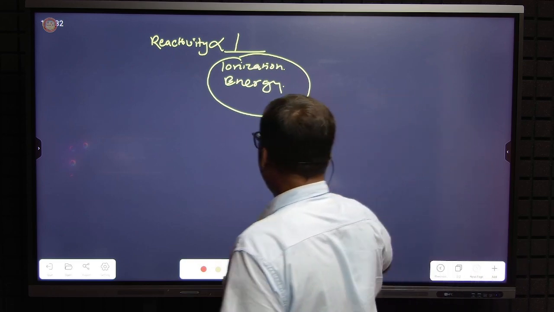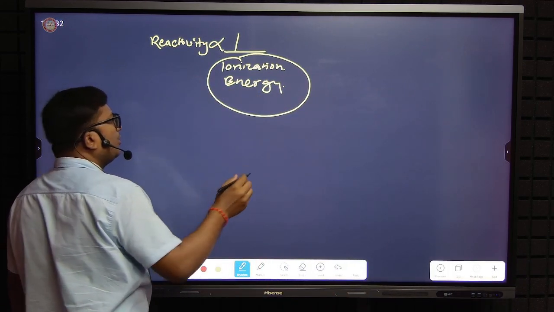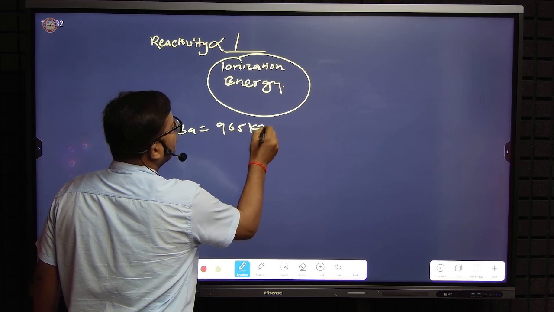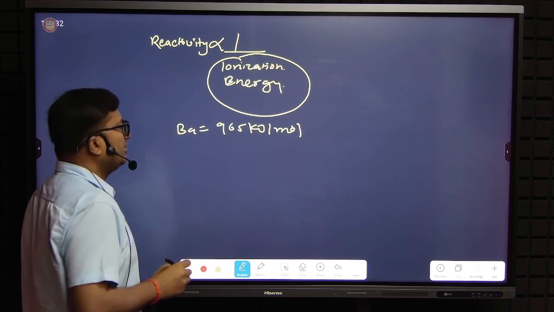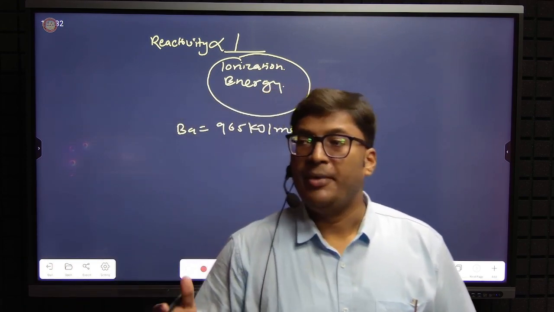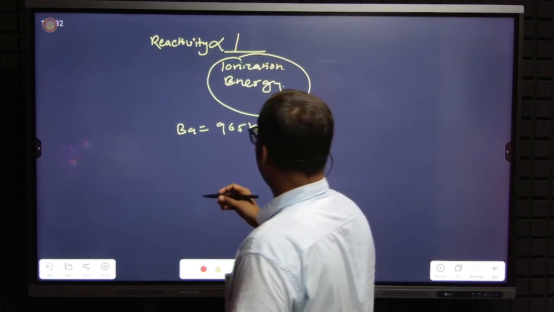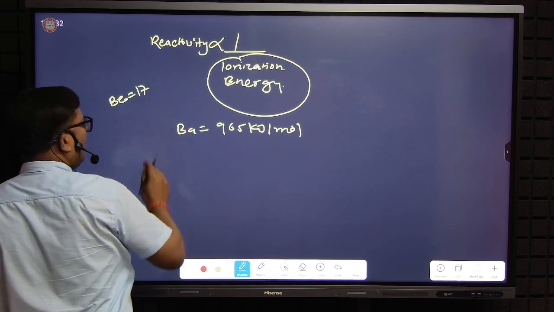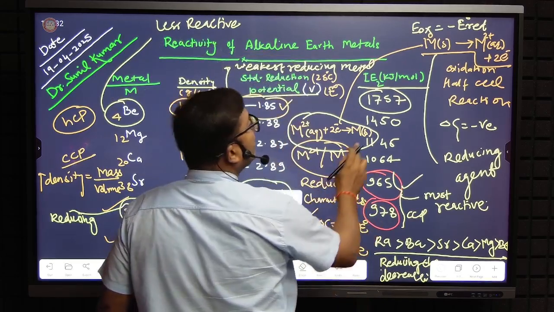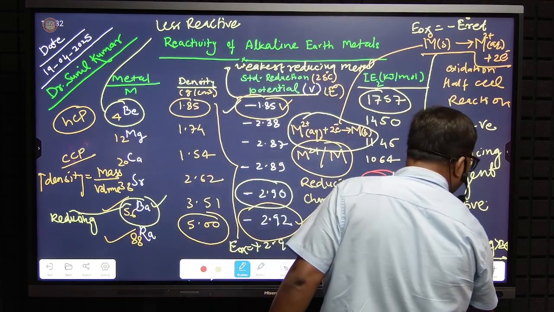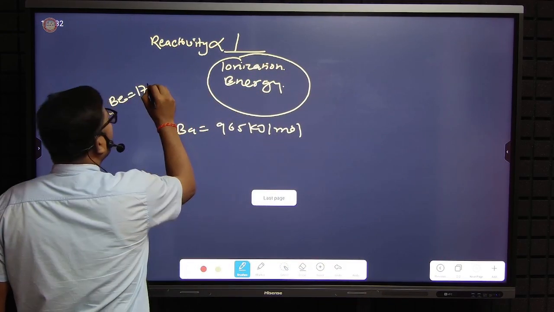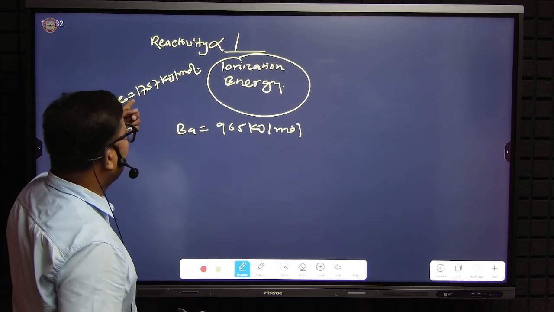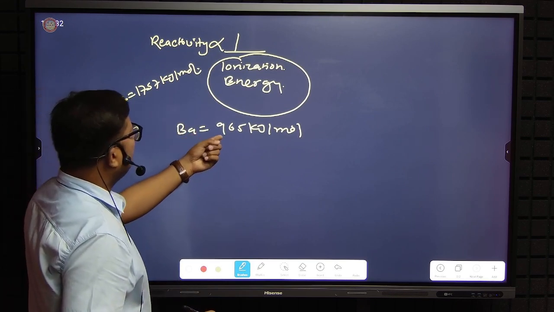From the series, we have observed that barium has 965 kilojoule per mole. It means barium is the most reactive metal in alkaline earth metals, right? While for beryllium, what is the value? That is 1757 kilojoule per mole, right? So it is nearly double that value.